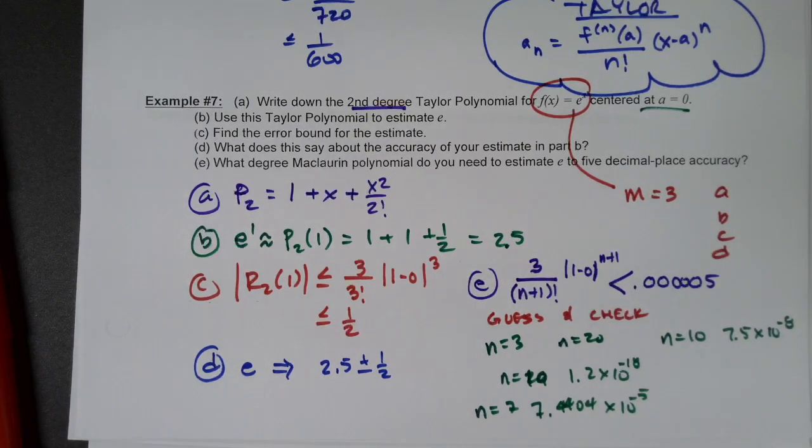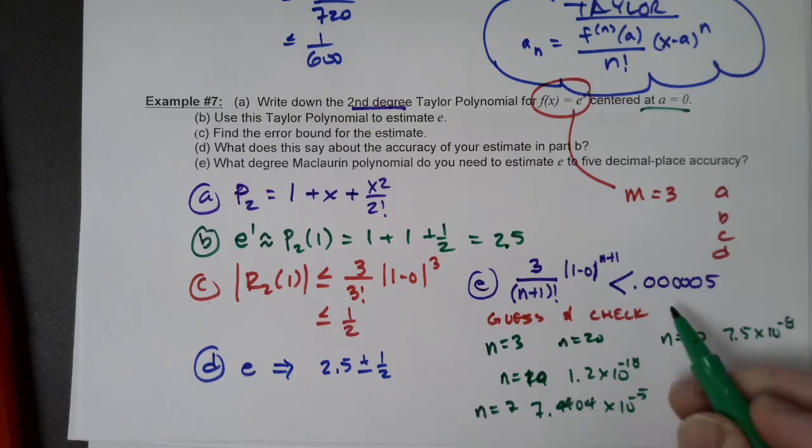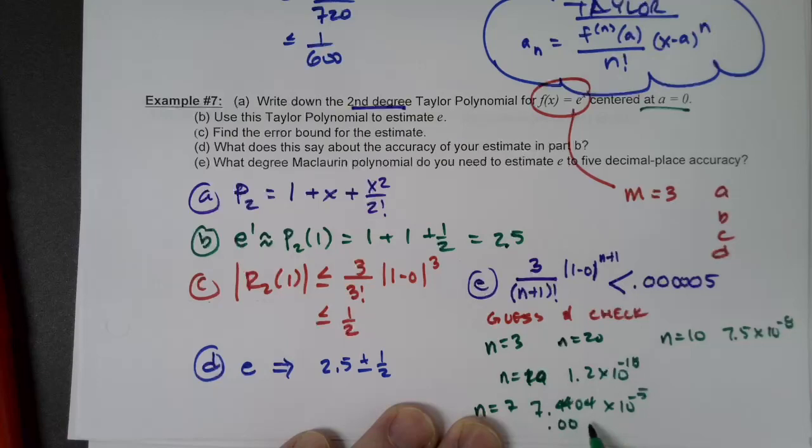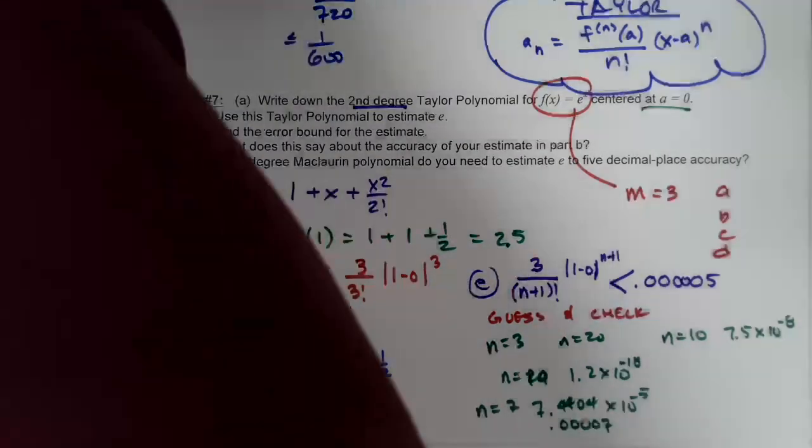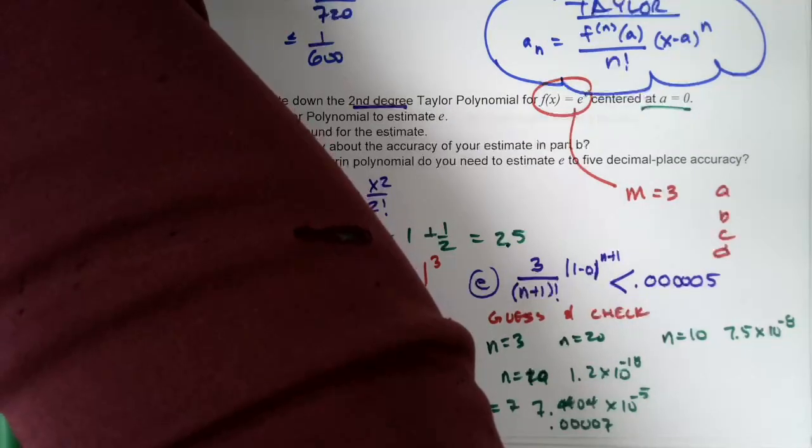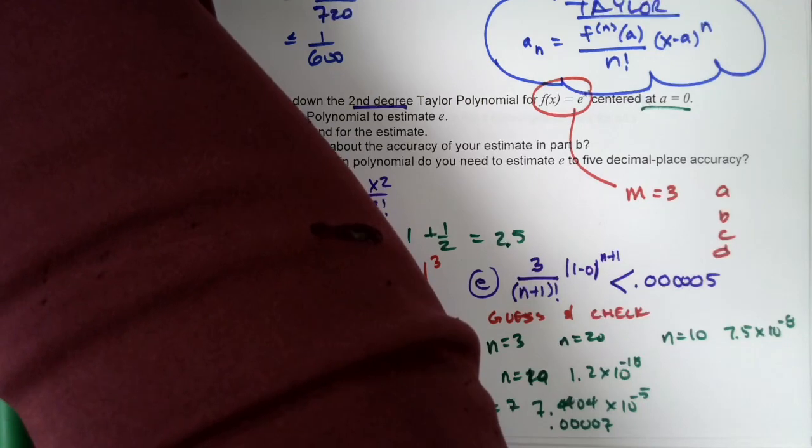So what do you want to think of now? Got to go the other way. 8. Okay. This one is a little bit too much. This would be 0.0234 and then the 7. So yes, let's try 8. And remember, if we use 8, then 8 plus 1, our denominator has to be 9.